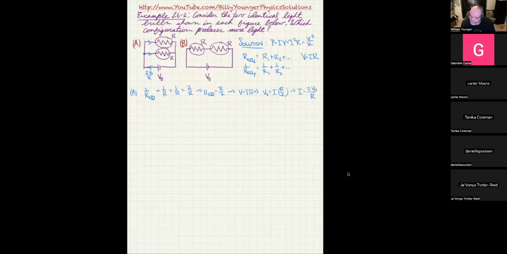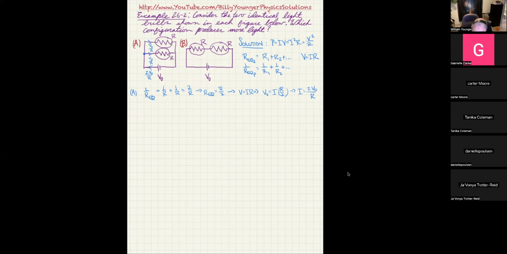If you add the two currents, which you could both call I1, you'd say I1 plus I1 is equal to 2V0 over R. Clearly, I1 plus I1 is 2I1, and 2I1 equal to 2V0 over R tells us I1 is equal to V0 over R. So the current through each of these resistors is going to be V0 over R.